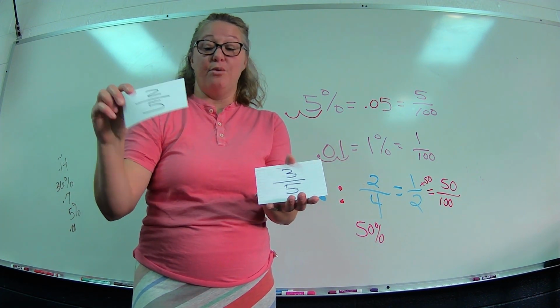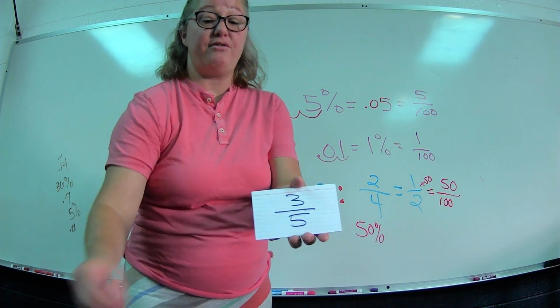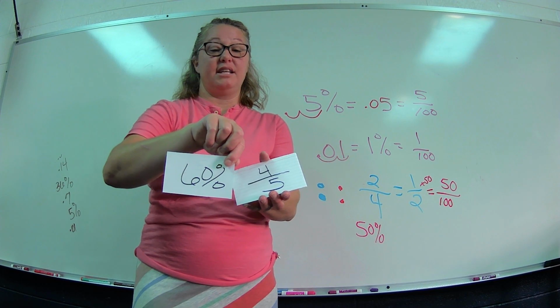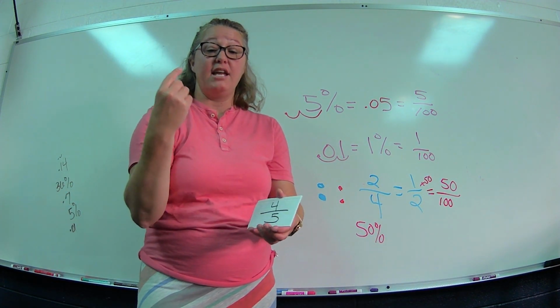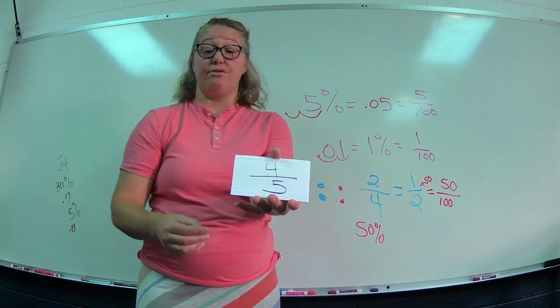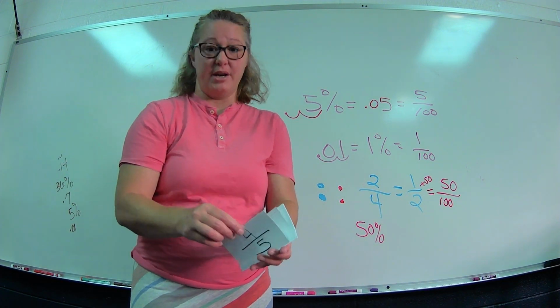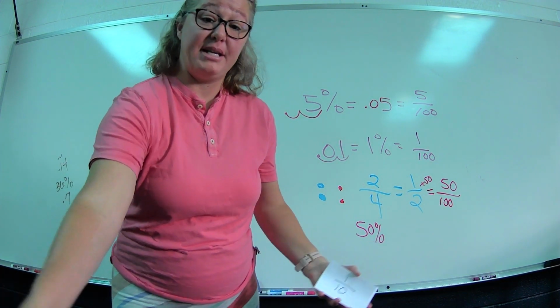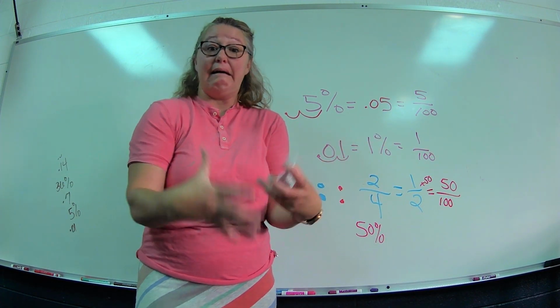And if 1/5 is 20, 2/5 is 40, what do you think 3/5 is? 60. Very good. And again, 1/5 is 20, 2/5 is 40, 3/5 is 60, so 4/5 is 80. If we had 5/5, we'd have 100%. If I ate 5 pieces of pizza out of a pizza that only had 5 pieces, I ate the whole thing.